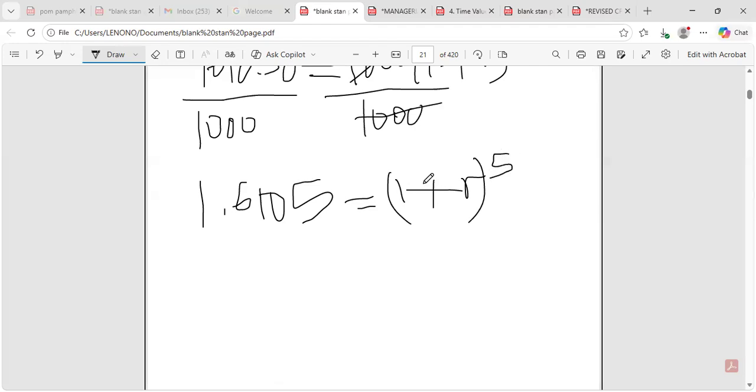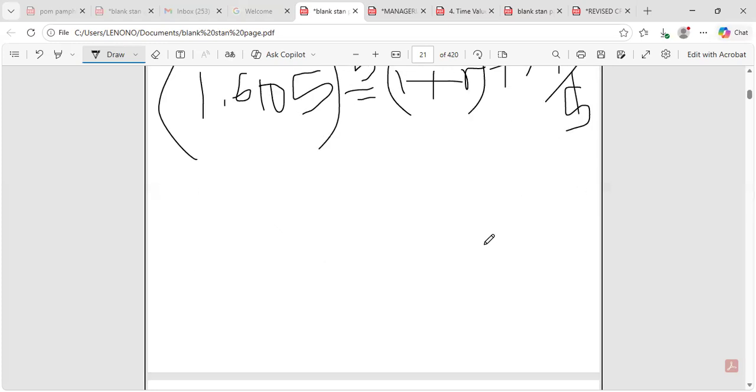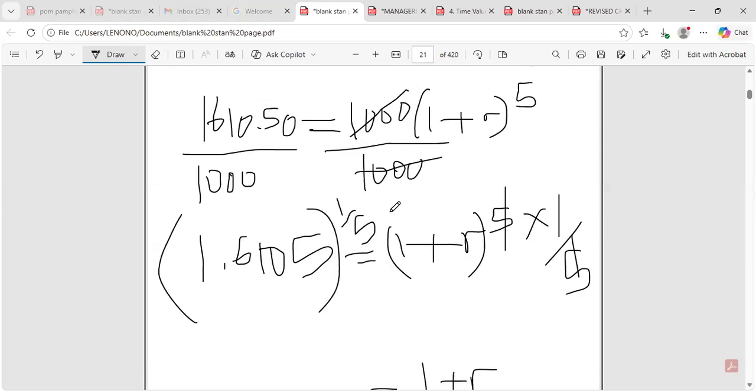So what you do is you multiply the power by 1/5, so that one and that one go, leaving 1 plus r. 1/5 is the same as 0.2.